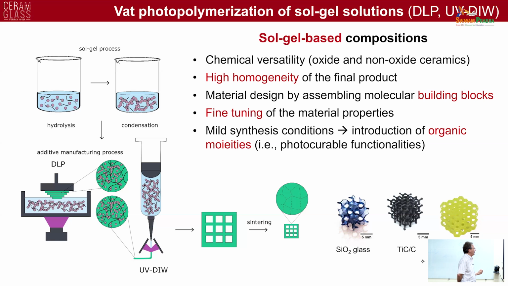You can design your material by assembling molecular building blocks. You can fine tune in this way the molecular properties, and typically you can use mild synthesis conditions. For instance, you can introduce photocurable functionalities to materials like the one that I've shown here.